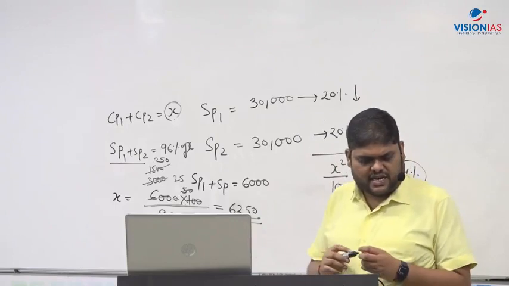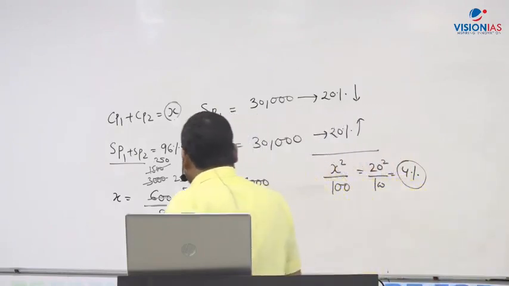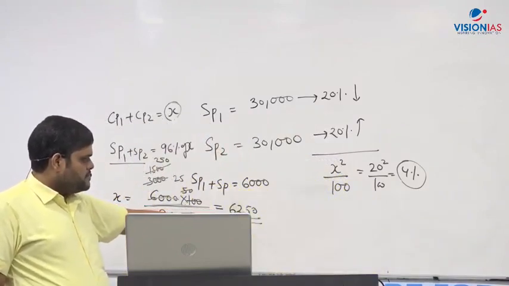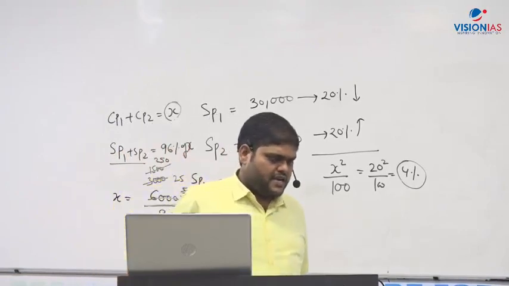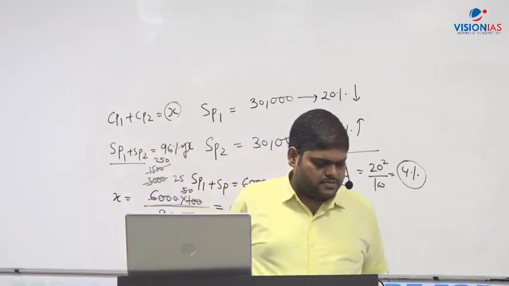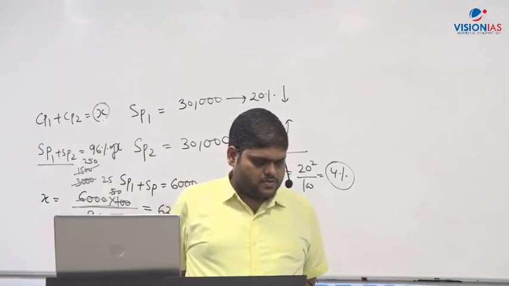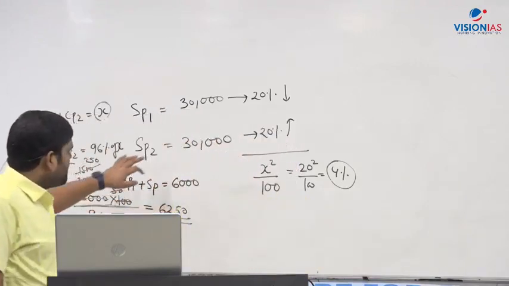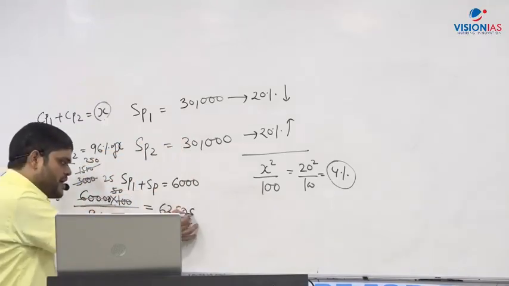I think everything is correct. A should be the answer, but it is coming as a 4% loss. Where are we missing something? Okay, I think yes, this was 60,000, not 6,000. So I was missing a 10.